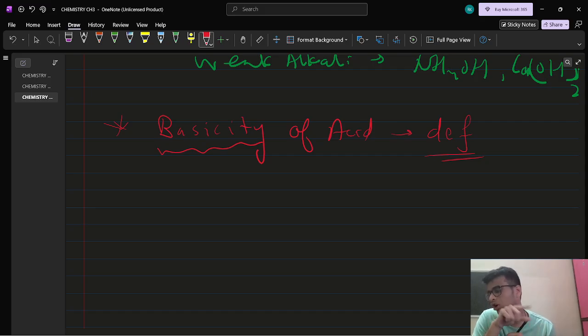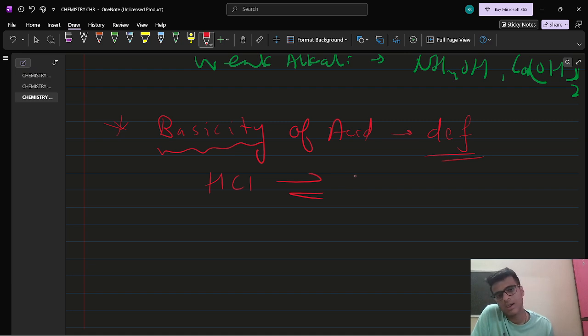Remember this also. There are not two definitions but two concepts which have merged together. The number of hydroxyl ions with which one molecule of an acid combines. So don't think that because it says hydroxyl it relates to a base, it is the basicity of acid. Okay, so what do we mean by basicity? I will first explain.